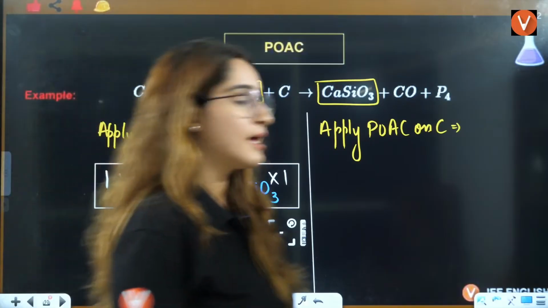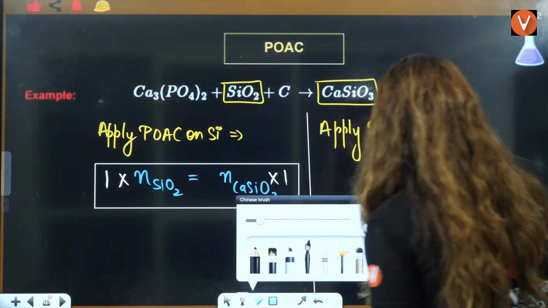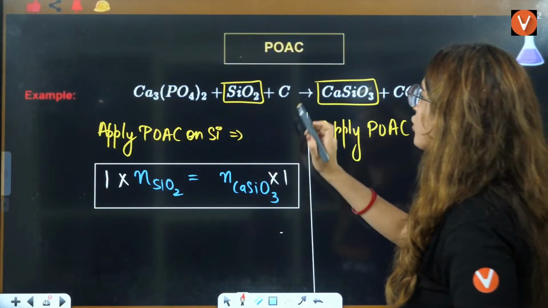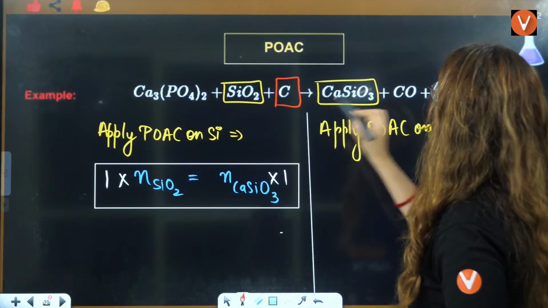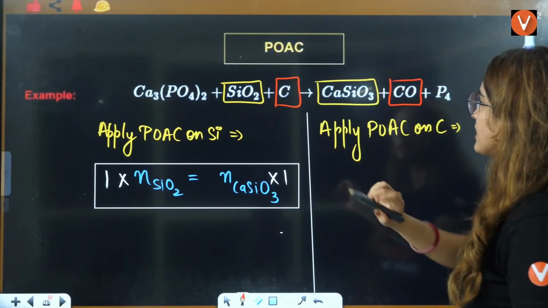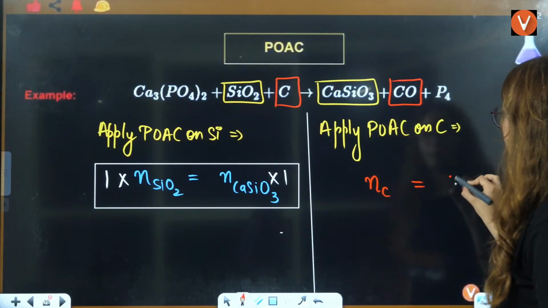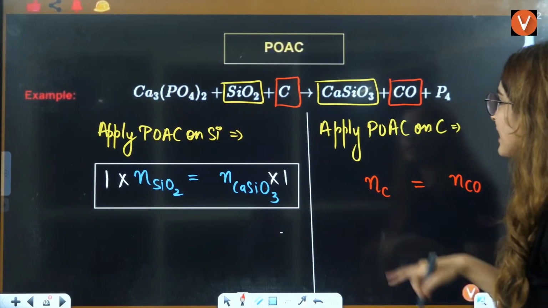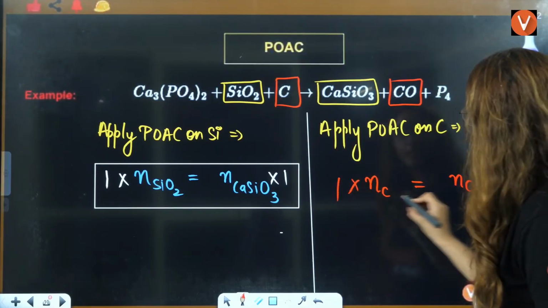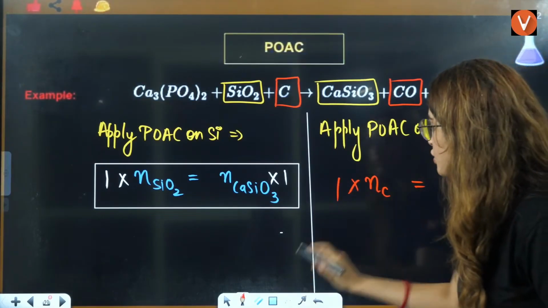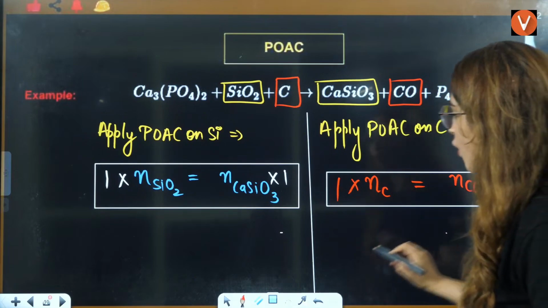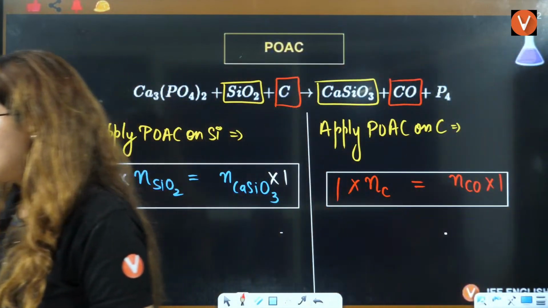Next, carbon is present here and here, right? So number of moles of carbon atom equals number of moles of CO. Here carbon is 1, here also carbon is 1. That is after applying POAC on carbon.